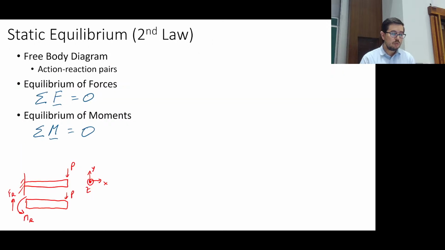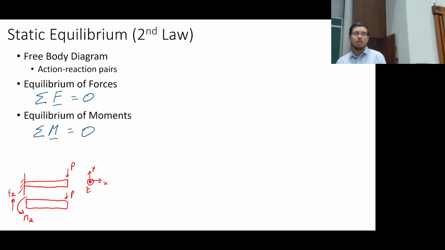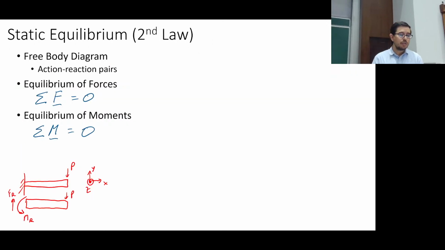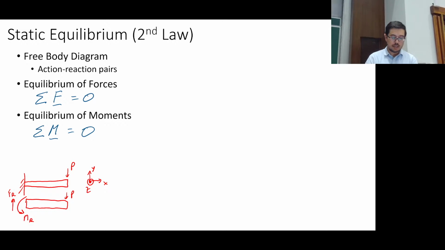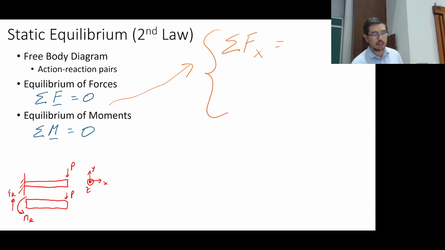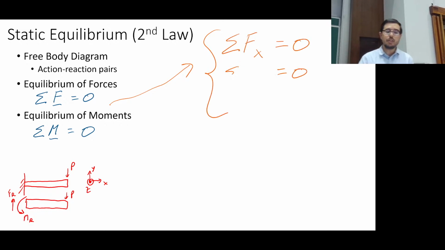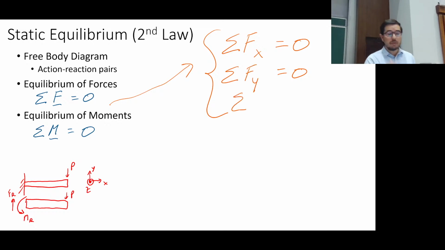Now, for static equilibrium, we write these equations: the sum of the forces is equal to 0, and the sum of the moments is equal to 0. And if we have the opportunity to write it out in multiple directions, we say the sum of the forces in x is equal to 0, the sum of the forces in y is equal to 0, and the sum of the forces in the z direction is equal to 0.